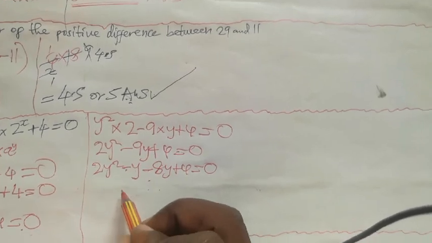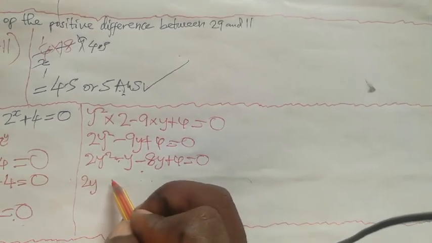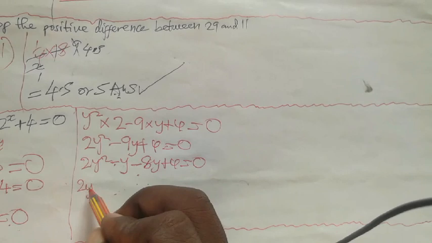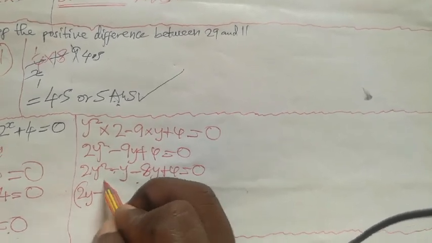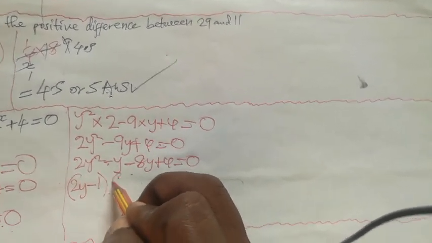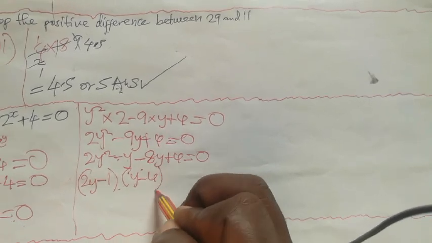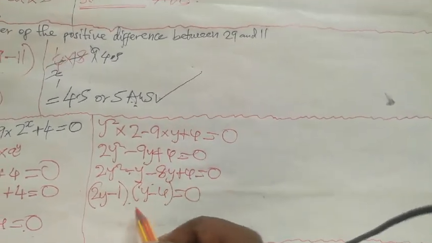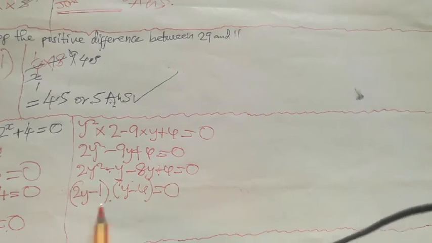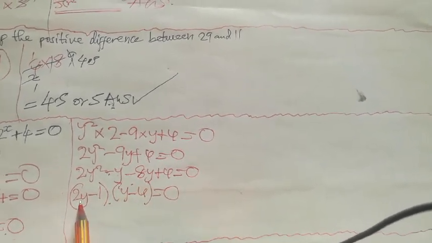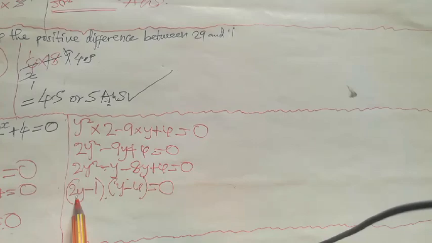Because this is 2y, we factor out: this will be 2y into brackets minus 1 into brackets, then brackets y minus 4 into brackets is equal to 0.